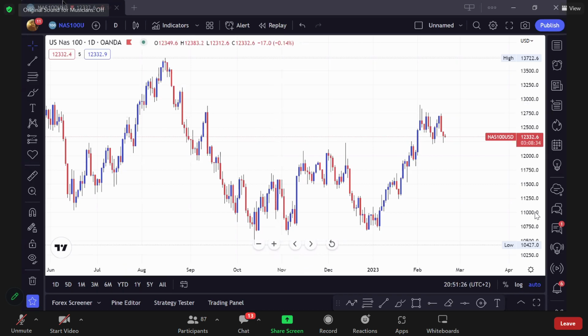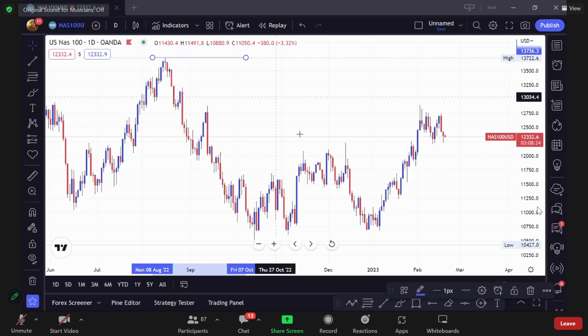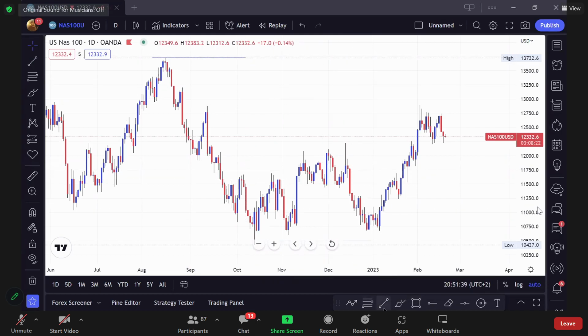If we've got a range, let me draw it out quickly. We've got this high, and then we've got, let's say, this low. That's our trading range.